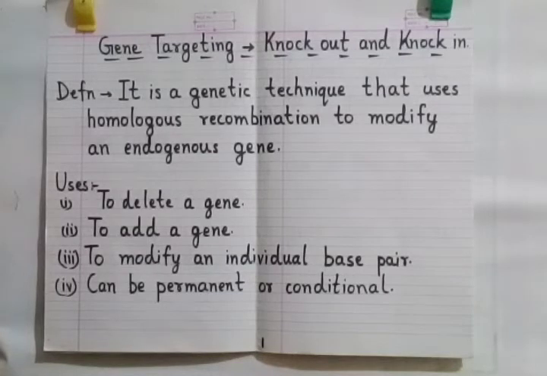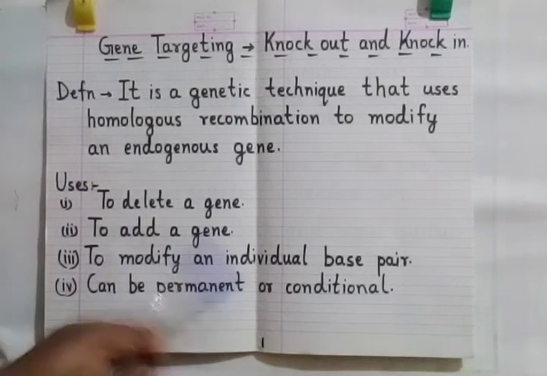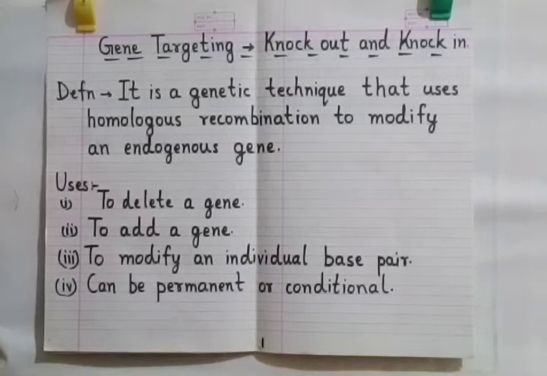So all this becomes uses of gene targeting, that is to delete a gene, to add a gene, to modify an individual base pair, and these can be a permanent change or a conditional change. Conditions can be anything like nutritional status or environment or age of the individual, as I told you.